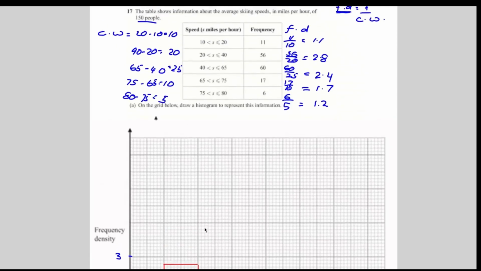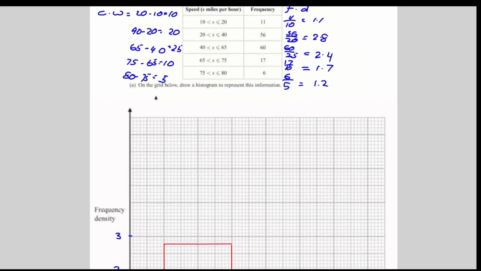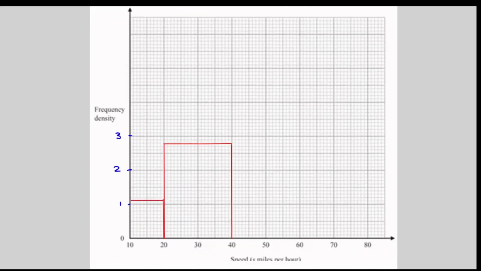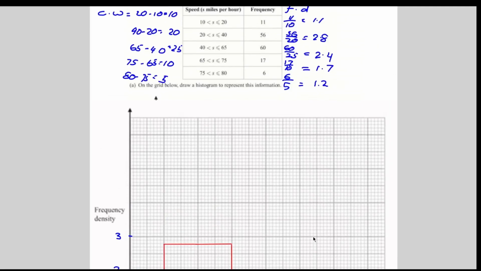Next one is 40 to 65. 40 to 65 is here. Its frequency density is, for 60, yes, 2.4.